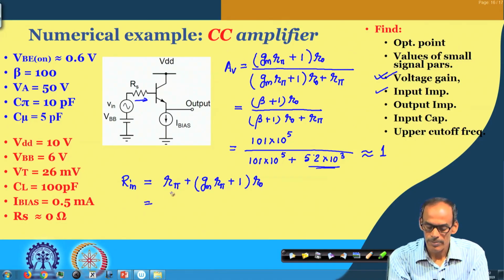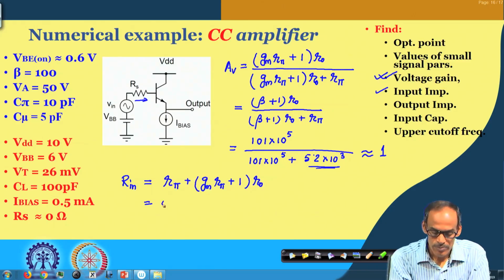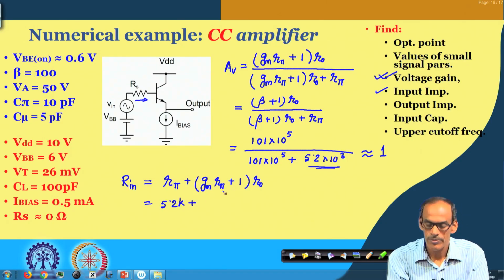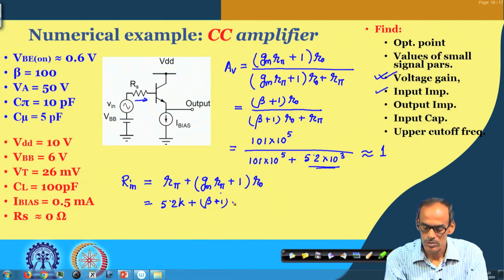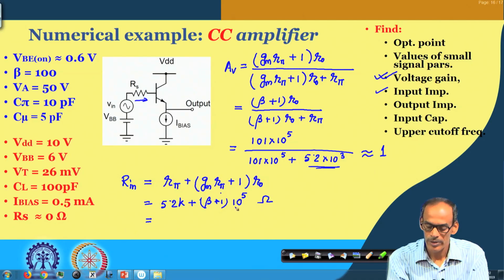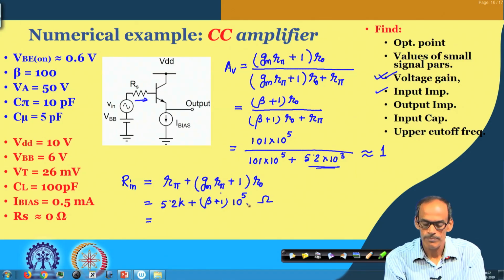So, this is r pi, it is 5.2 k, plus gm into r pi, it is beta plus 1, into r naught, it is 10 to the power 5. So, this is equal to 101 multiplied by 10 to the power 5.